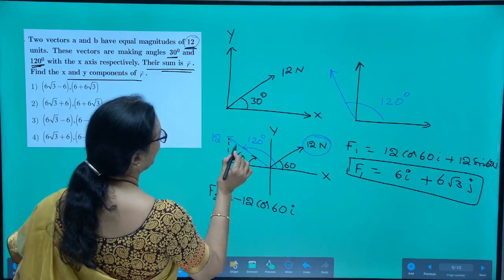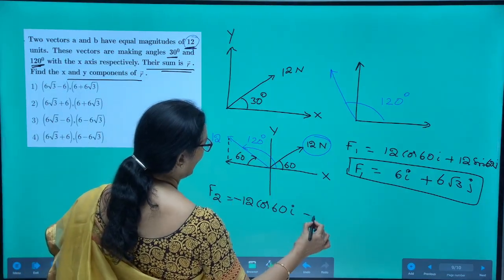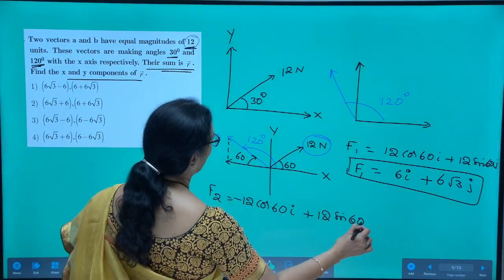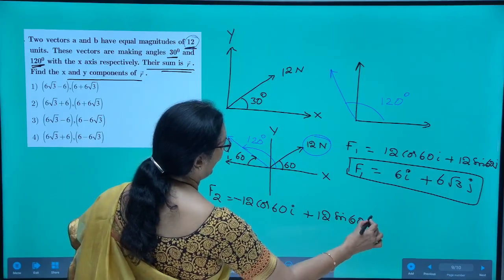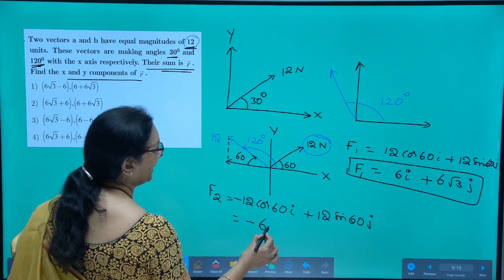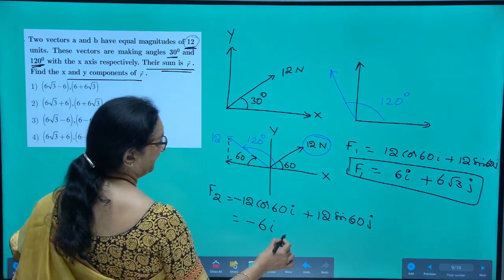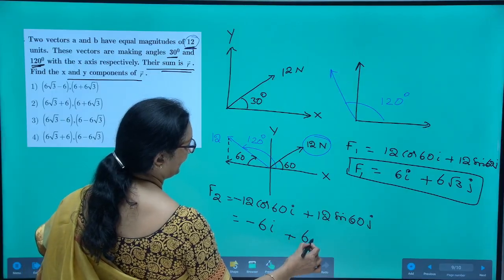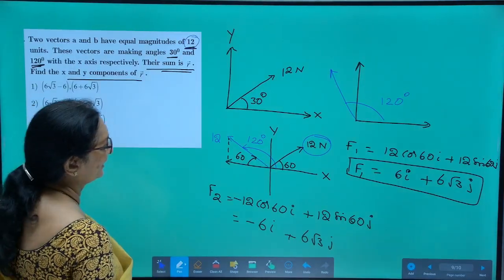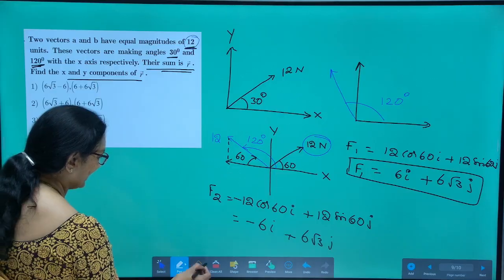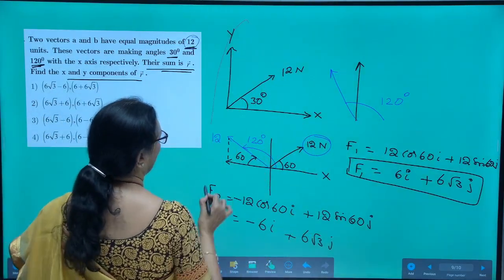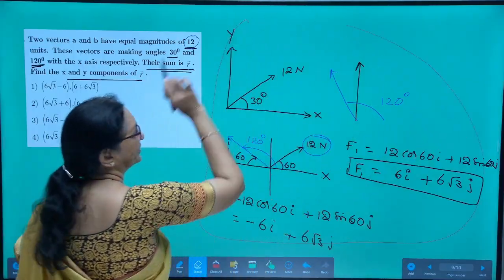And component along y becomes plus 12 sin 60 j bar. So this is minus 6i plus 6 root 3 j. So, there is something wrong in doing this problem. Let us do it again.